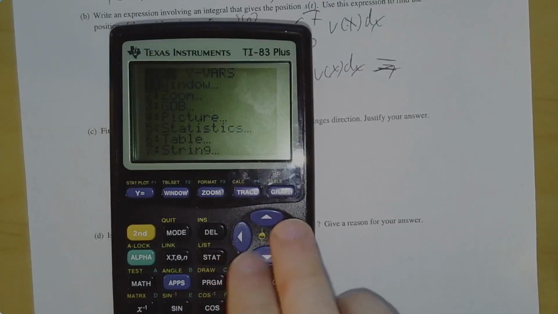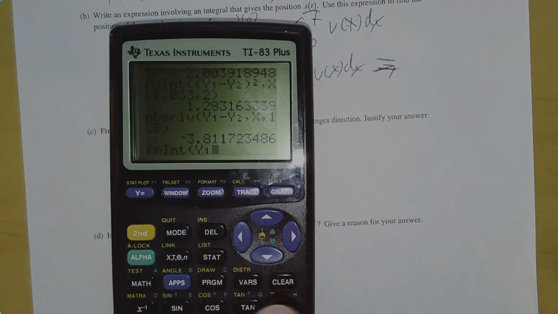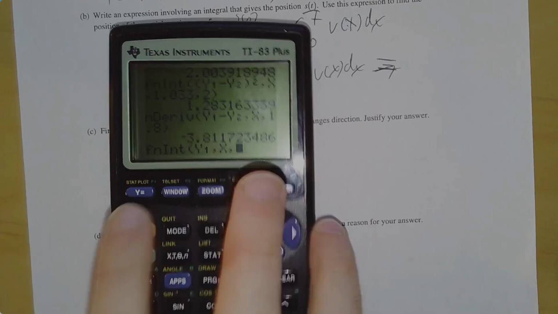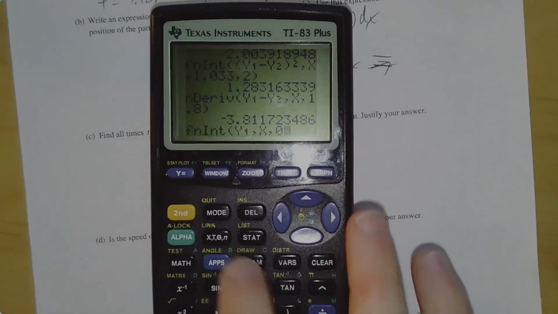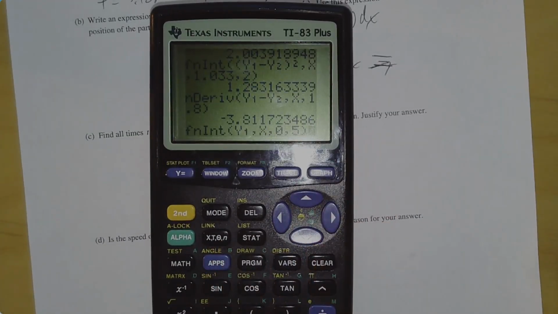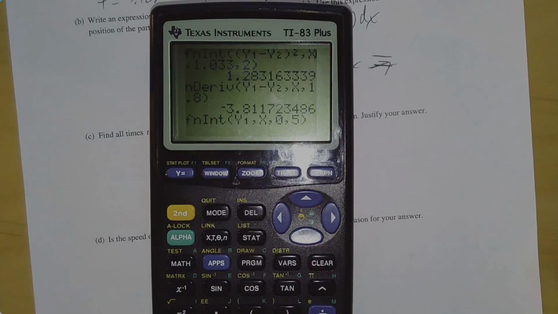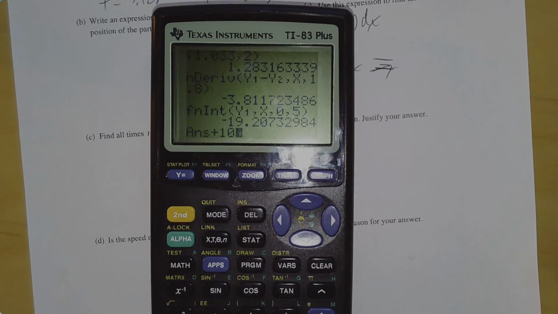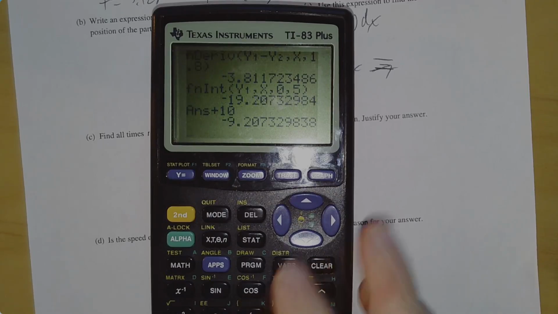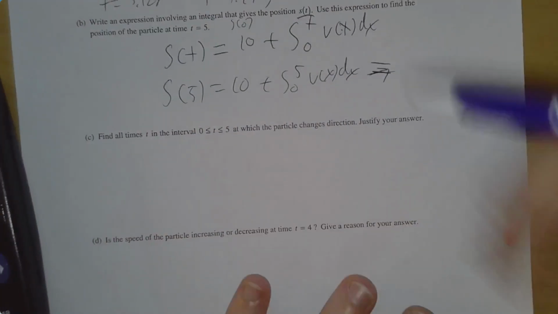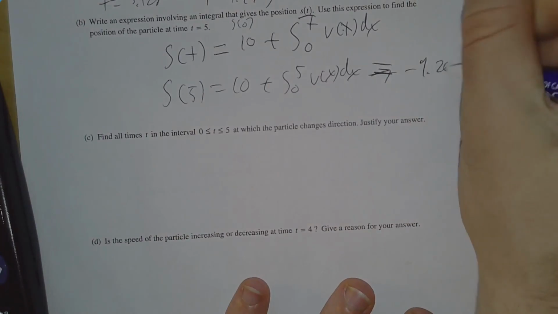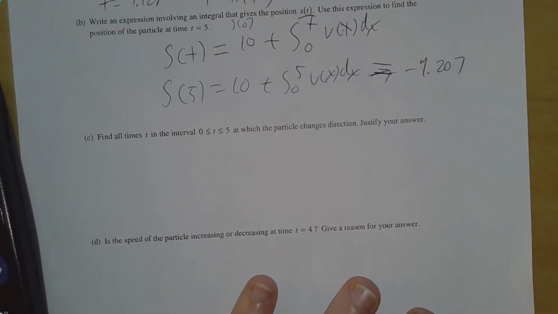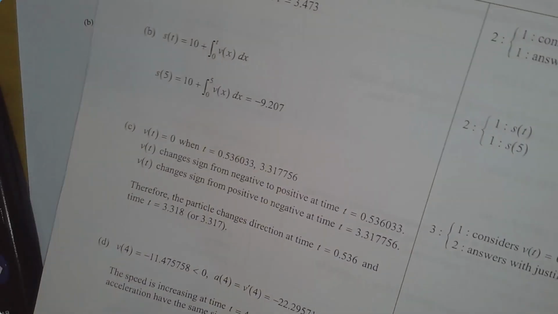Math 9. Vars, Y-Vars, function, y1, comma, x, comma, 0, comma, 5, close it, plus 10: negative 9.207. And that is what I got here.